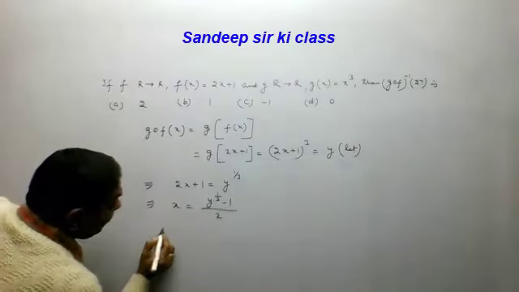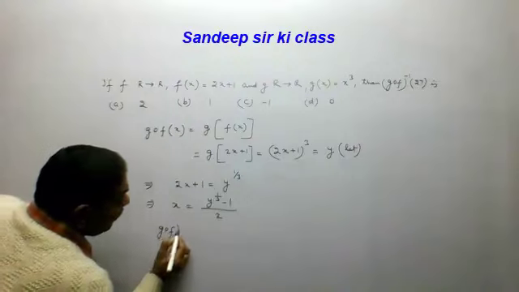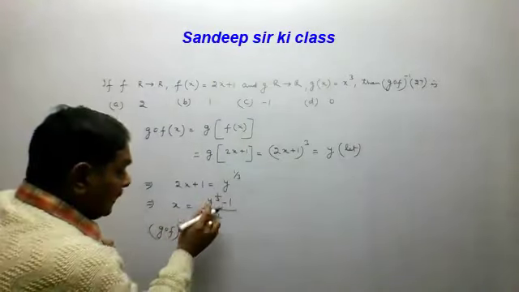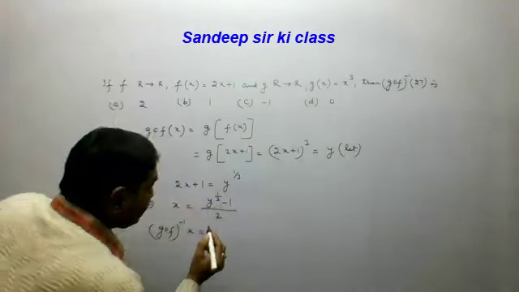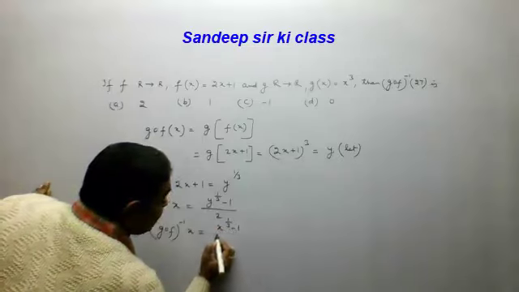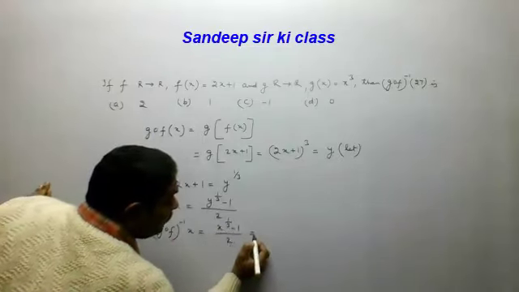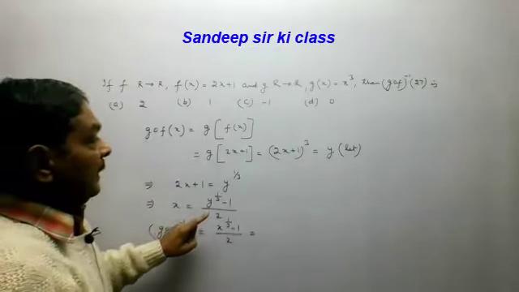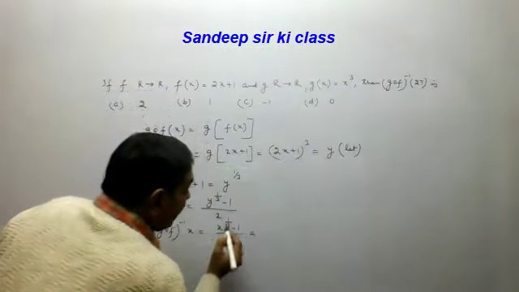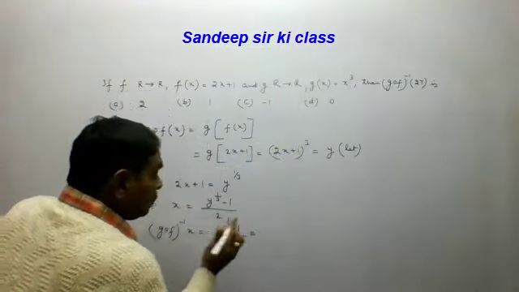So (gof) inverse of x will be equal to, in place of y I am to write x, it will be (x raised to the power 1 upon 3 minus 1) upon 2. Now x we have been given as 27. So I am to write in place of x here 27.